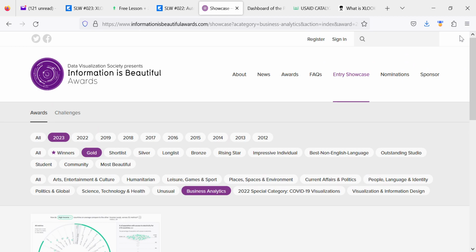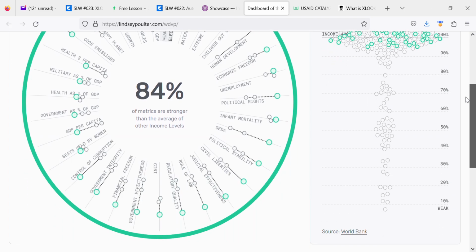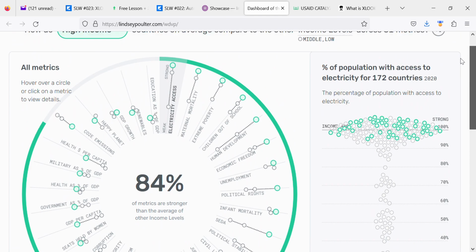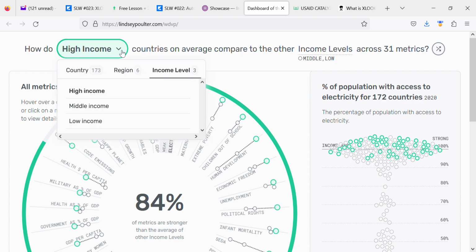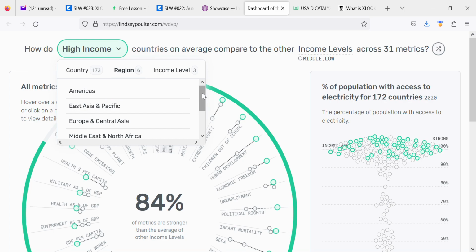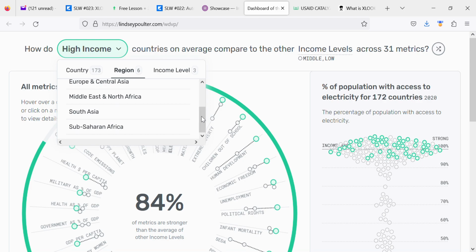Here is the dashboard, and in this case it shows high income countries. I have selected high income countries, and it contains data for 173 countries and 6 regions: Americas, East Asia and Pacific, Europe and Central Asia, Middle East and North Africa, South Asia and Sub-Saharan.